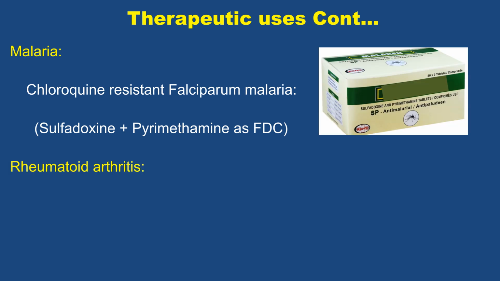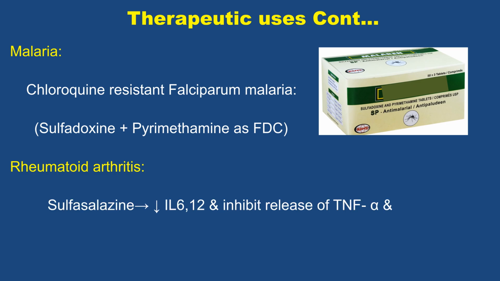Coming to the arthritis, rheumatoid arthritis. So sulfasalazine is mainly effective for treating rheumatoid arthritis because it decreases the inflammatory mediators. They do possess anti-inflammatory actions.